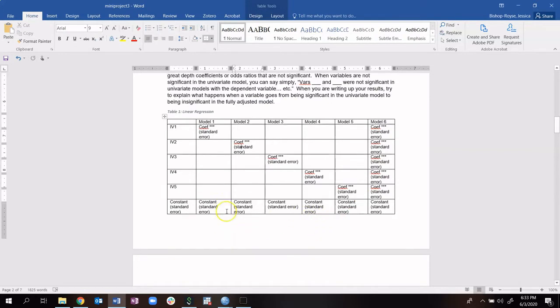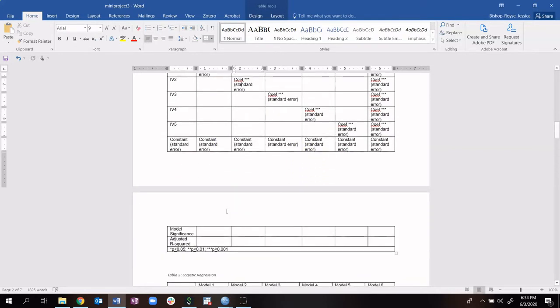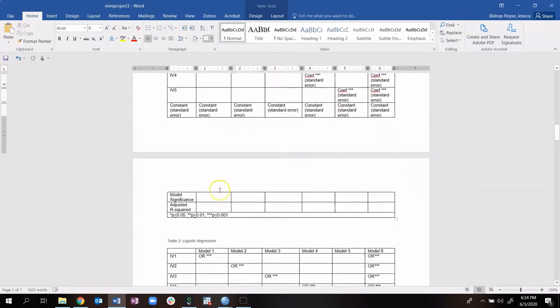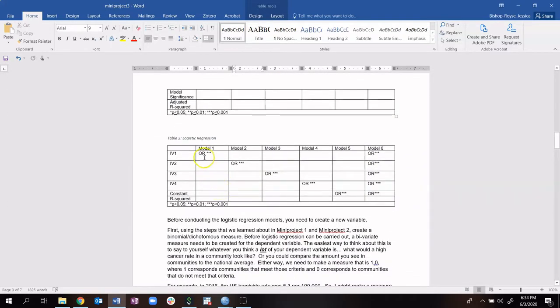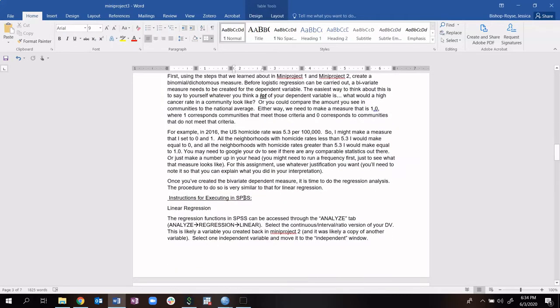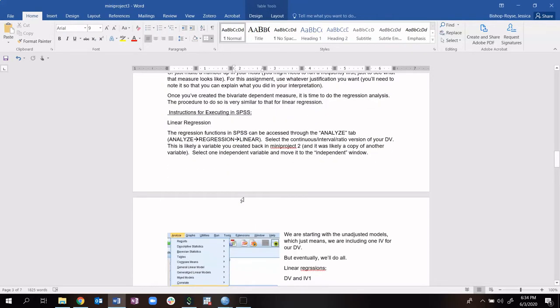And then for Miniproject 3, you'll be writing up an explanation of what you did and your results in, I think, 1 to 3 paragraphs, maybe 1 to 2 paragraphs. For logistic regression, same, although the table is a little different because we're dealing with odds ratios, and so there's fewer cells that we want to capture, but it's largely the same sort of process.